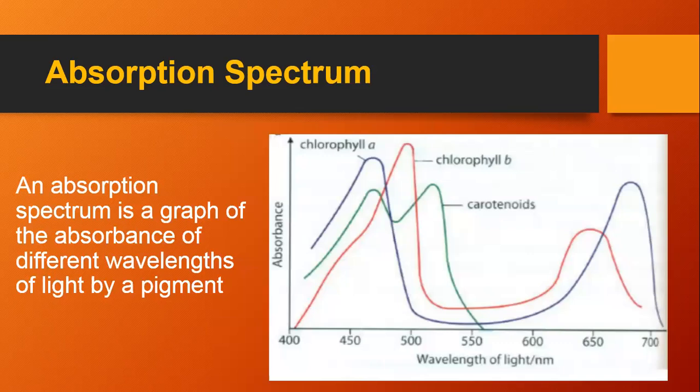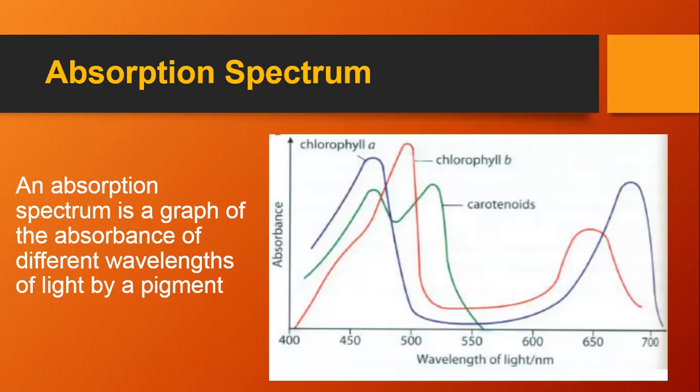Now next, we have to talk about the various types of spectrum. In your syllabus, it's the absorption spectrum and the action spectrum. We know that visible light is made up of different wavelengths, and we also know that the shorter the wavelength, the greater the energy it carries.